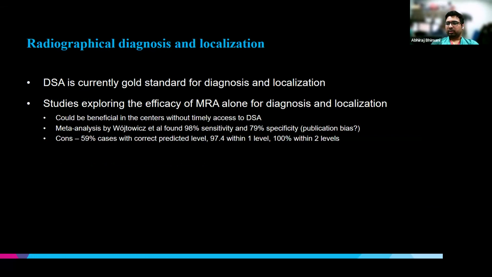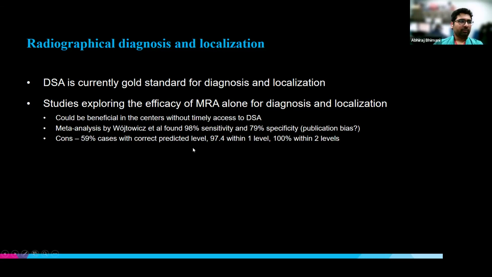A meta-analysis found a 98% sensitivity and 79% specificity of MRA for diagnosing dural fistula. However, there's probably a decent amount of publication bias given that it only included 2 studies, and there isn't really a lot of data supporting MRA alone for diagnosis and localization, given that only 59% of the cases, and this is probably the best case scenario, predicted the correct level.